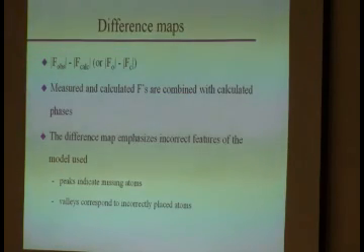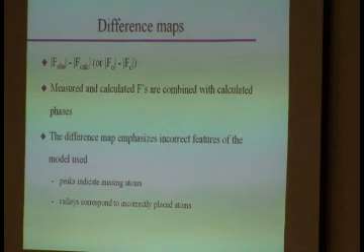But if you actually subtract one from the other, you get a very useful tool called a difference map, okay? So, you take measured and calculated Fs for the F-obs and the F-calc, and in both cases you use the calculated phases. When you subtract these from each other, you will get anything that is incorrect in your model.